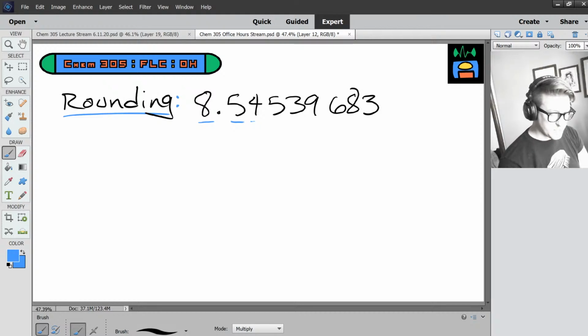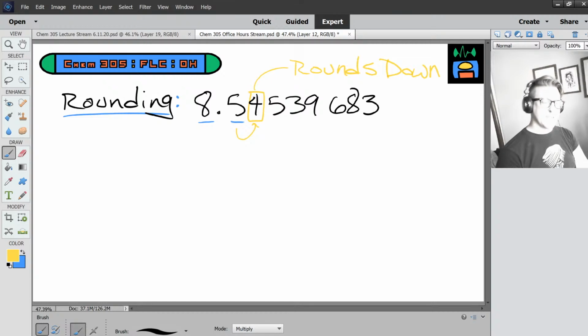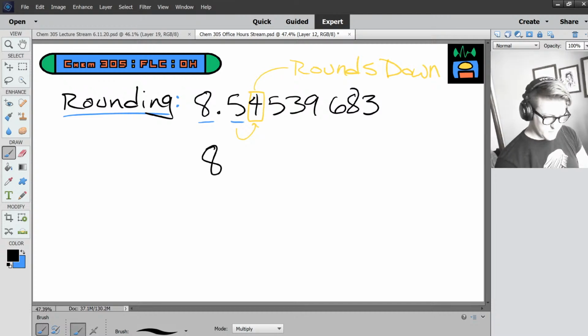Oh, sorry, you need 2 sig figs. You go 1, 2, and then you look just, I'm going to pick a different color here. You just look at the 4 by itself. And because 4 rounds down, it doesn't even matter if it's followed by a 9. 4 rounds down, so the correct value with 2 sig figs would be 8.5.